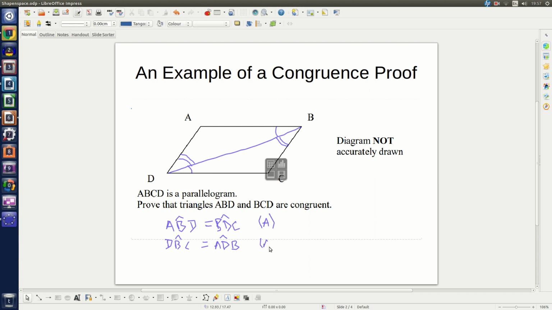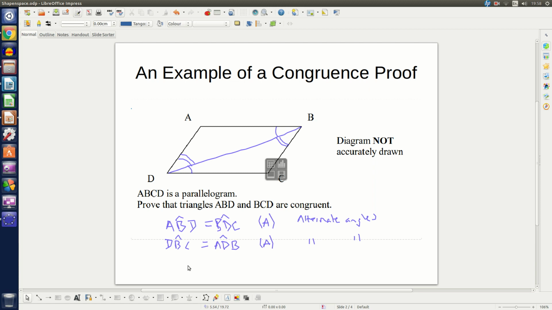And I've got another angle, and by the way, I've been very bad, I haven't put my reasons down, so you need to put down alternate angles. And once again, alternate angles, I don't mind you going ditto there. Now we've got two angles. Now the rule is that if you've got angle, angle and a corresponding side, you're okay.